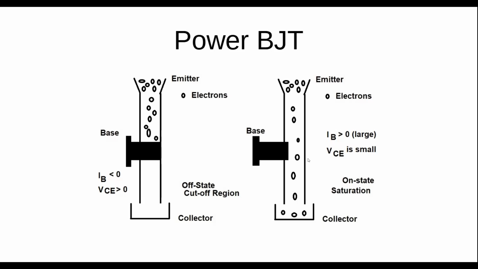Otherwise, if they overheat, they fail. And you can see that the reason you have heat is because you still have a small VCE and a base current. So you have IB times VCE. Actually, it's not really IB. The more problematic one is the current, so the emitter current or the collector current, that gets multiplied with VCE. That product is basically the power that's going to be dissipated.